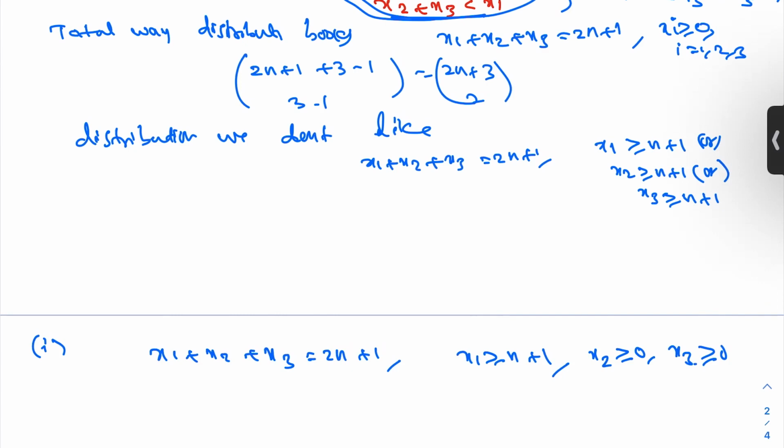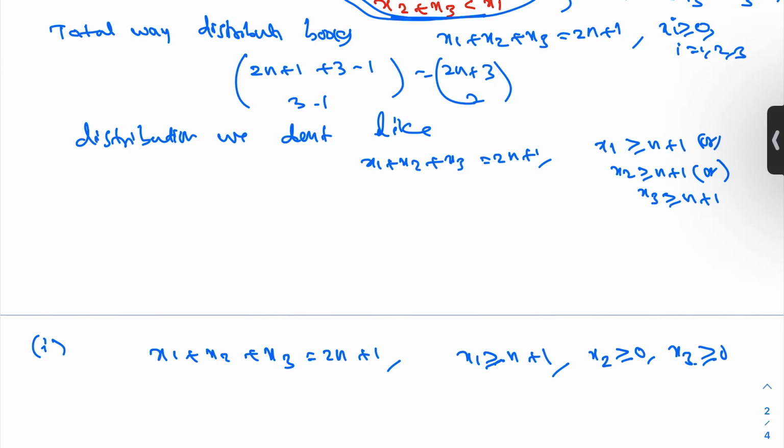We can't have x1 greater than or equal to n plus 1 and x2 also greater than or equal to n plus 1, because then the total books would be more than 2n plus 2. That is not the case here. So only one of them can happen, not more than that. That's why one case is this: x1 greater than or equal to n plus 1, x2 greater than or equal to 0, x3 greater than or equal to 0.